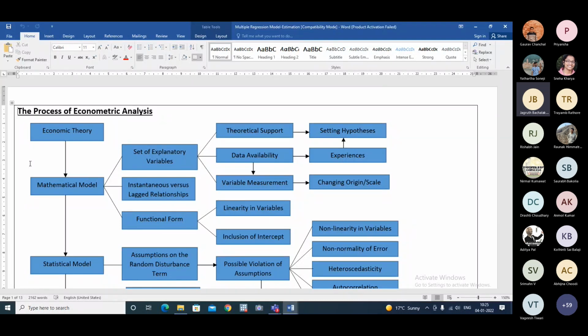And bringing in some such developments into the model would be very, very important. So we need to have clarity about the underlying economic theories, because based on that, we'll be defining the mathematical model as someone was pointing out.